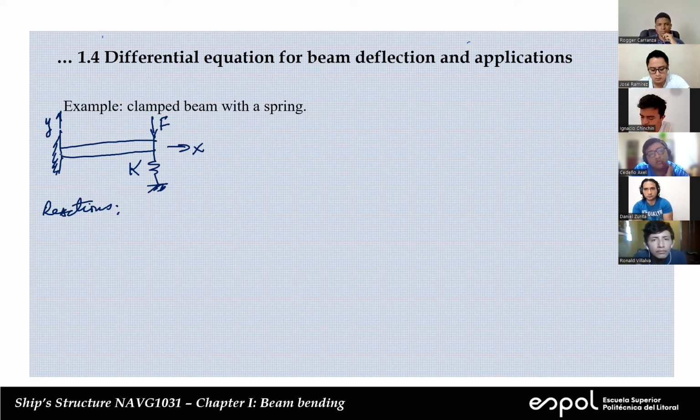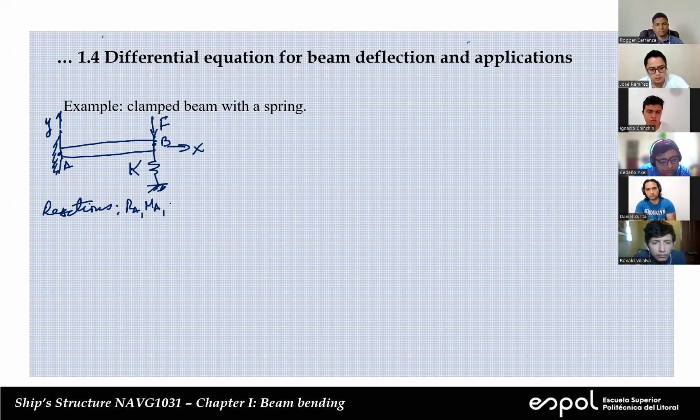Let's call this point A, and this point B. Ms. Jimenez, how many reactions do we have in this case? I think 4. Okay, tell me, what are those? RA, the moment in A, and then what?